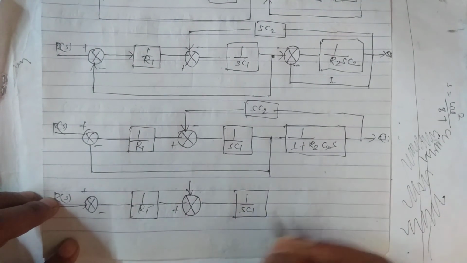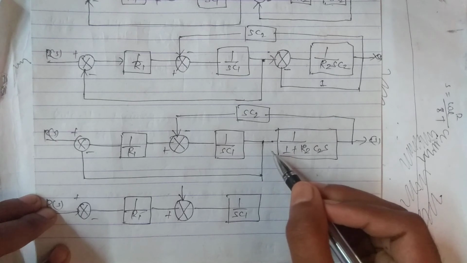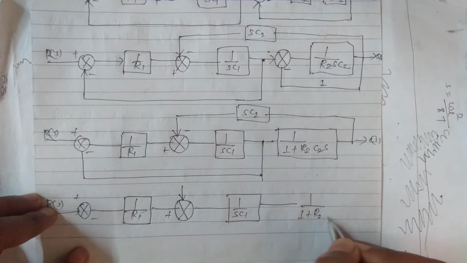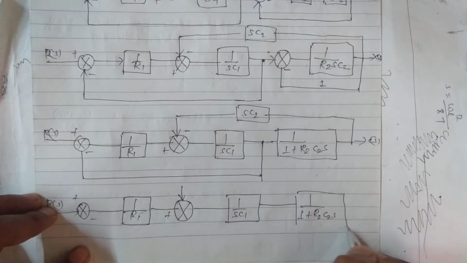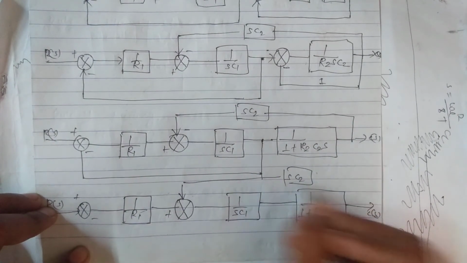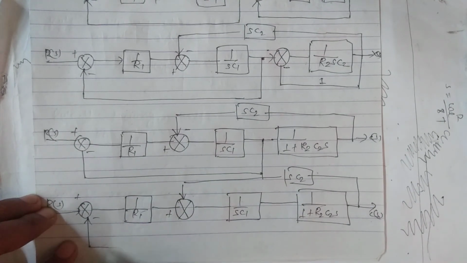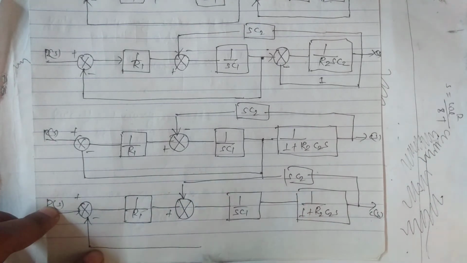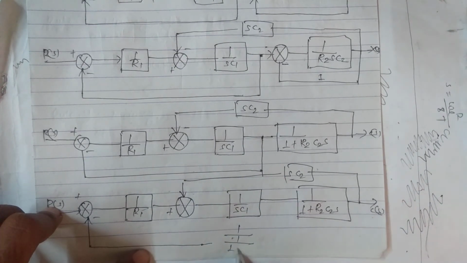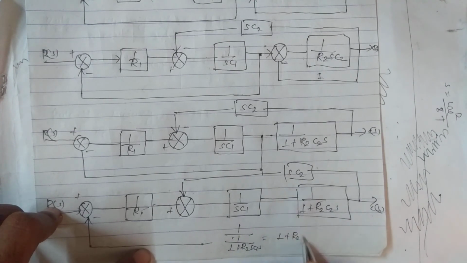We have previously studied all the rules, so for this we can write, and here we have CS, SC2 we have here. Since we have negative feedback 1, we have 1 upon 1 plus R2 SC2 S. Finally we get 1 plus R2 SC2.